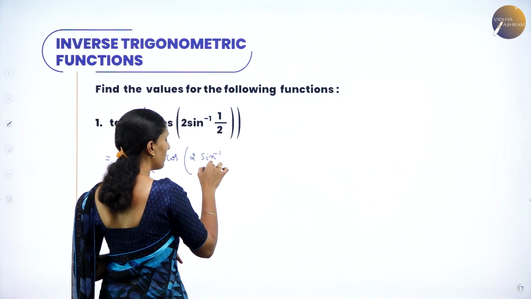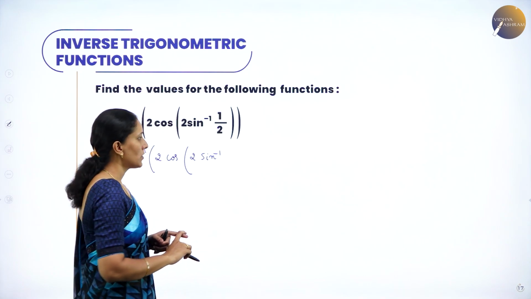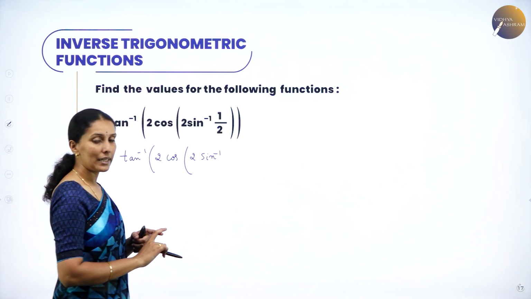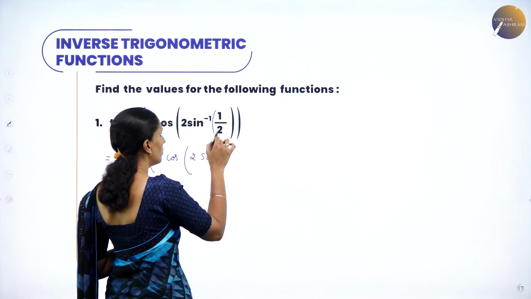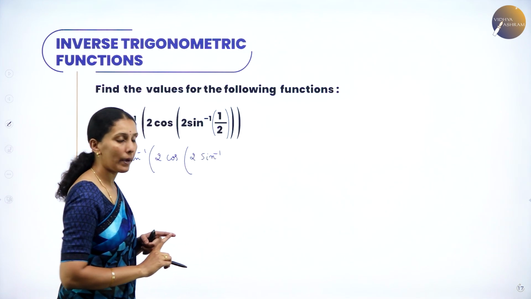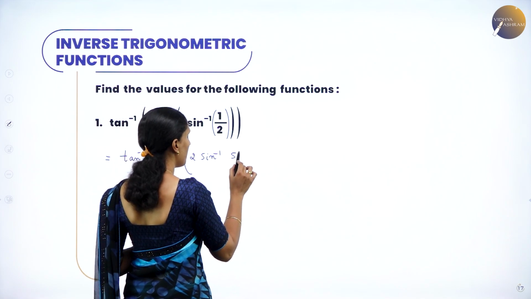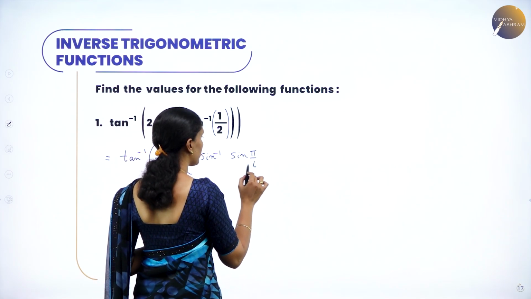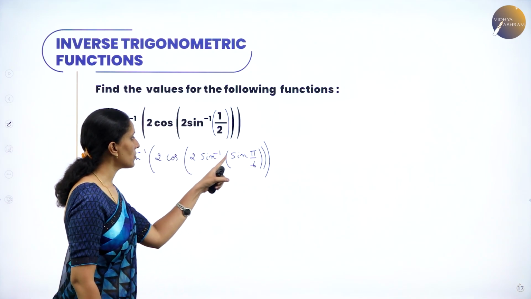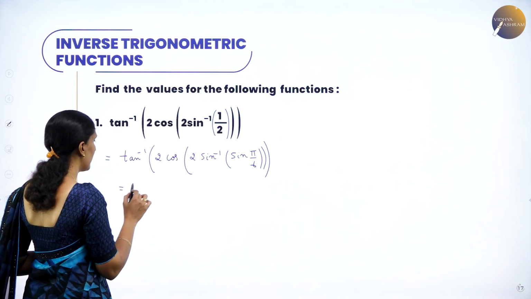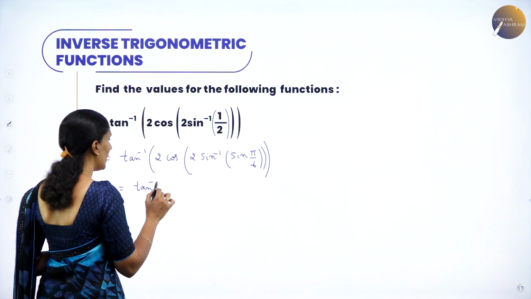When you have sin inverse, we should have sin, so that sin inverse and sin get cancelled and only the value will remain. So for what value of sin we will get 1 by 2? It is sin pi by 6. Now sin inverse of sin pi by 6 can be written as only pi by 6.